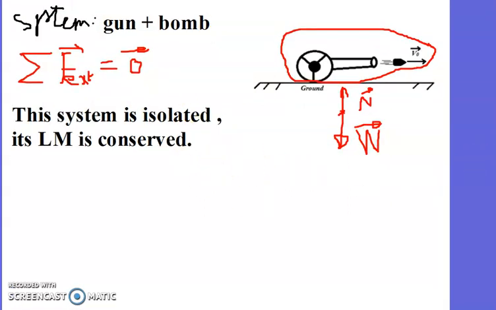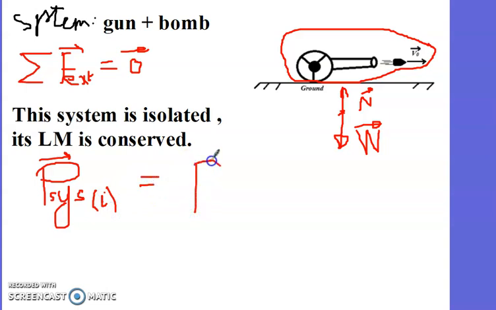It means P system, as I said before, P system initially, I mean before shooting the bomb, is equal to P system after shooting the bomb, or final, right? Okay, good.